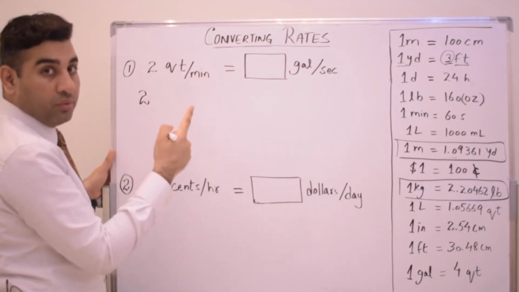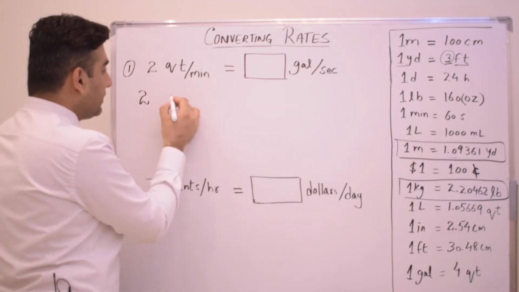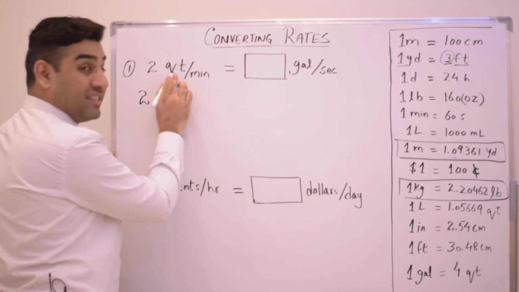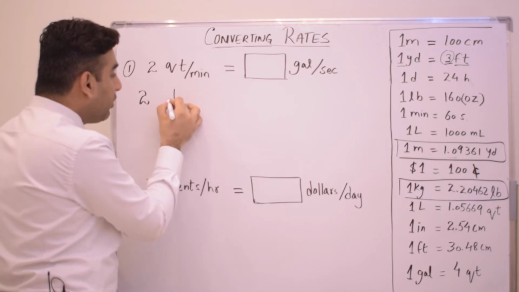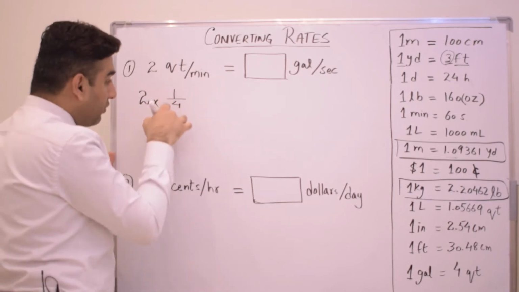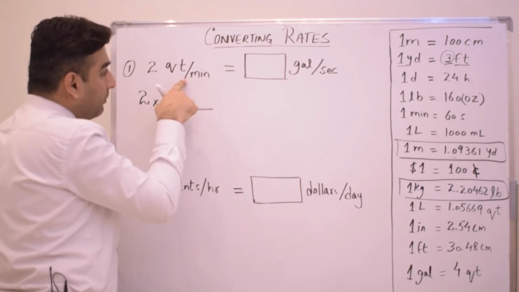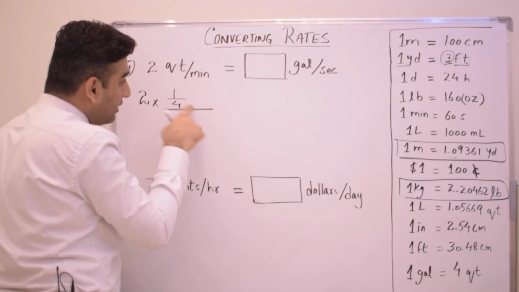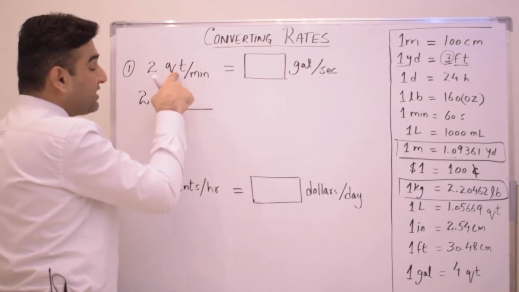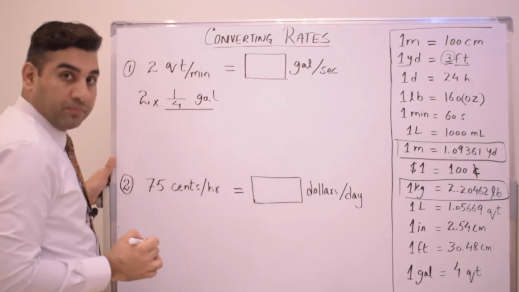So what you will do, from quart to gallon you will divide. So guys, because this is a numerator, so you will write 1 over 4. Here you put multiplication sign, you write 1 over 4, you put this fraction sign over here, this line over here, and instead of quart mention here gallon.